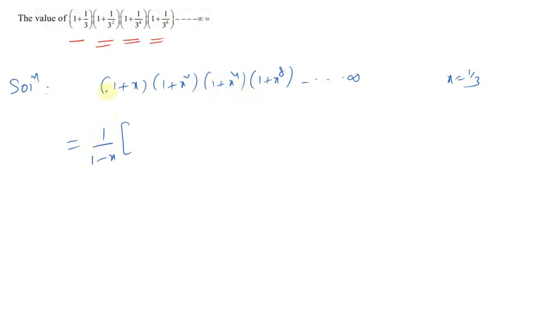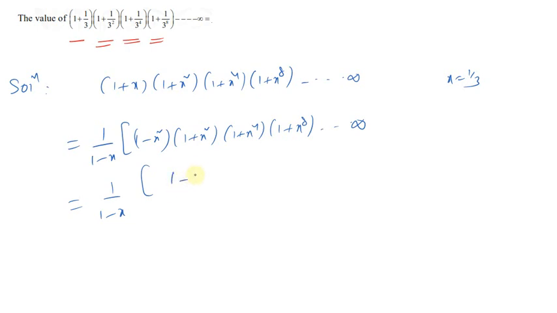When you multiply (1 minus x) into (1 plus x), you are getting 1 minus x square, and into (1 plus x square), (1 plus x) is cumulated, then (1 plus x power 4) and (1 plus x power 8), and so on up to infinity. This equals 1 by (1 minus x) into, once again it is cumulated, 1 minus x power 4, and (1 minus x power 4) into (1 plus x power 4) gives 1 minus x power 8, so that you can accumulate like this. So finally you are getting 1 minus x power something that tends to infinity, whole by 1 minus x.